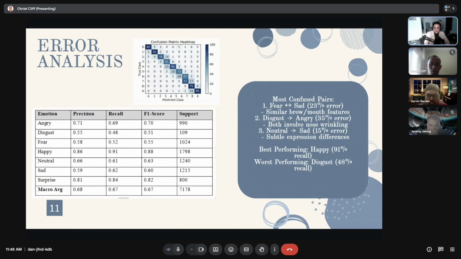The best performing emotion was happy, with a recall of over 90%, likely because happy expressions are more visually distinct. On the other hand, disgust performed the worst, mainly due to severe class imbalance, as it had very few training samples. This analysis shows that some emotions are inherently harder to distinguish, especially with limited data.